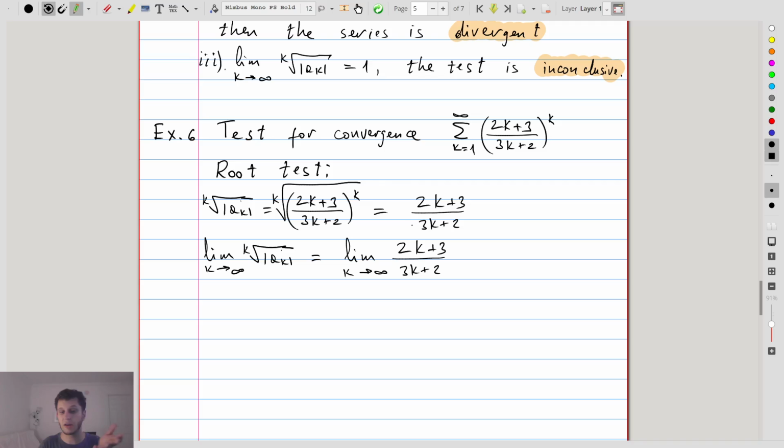And this is a very simple rational function. We can divide through by k, and clearly the value of this limit is 2/3.